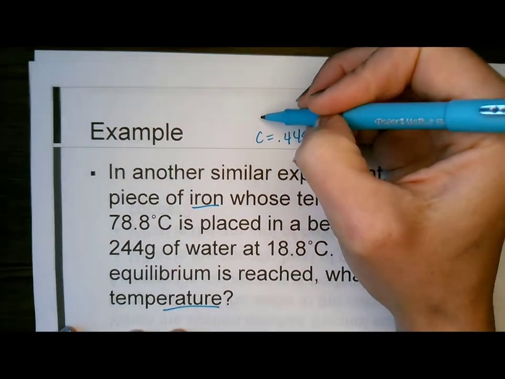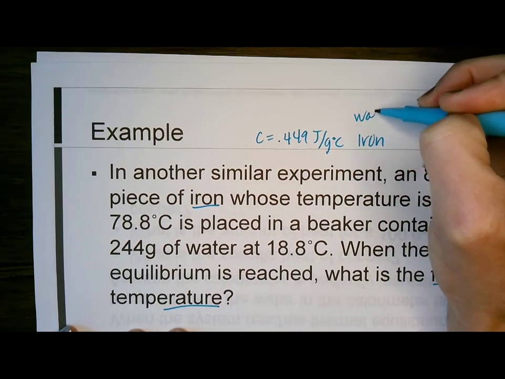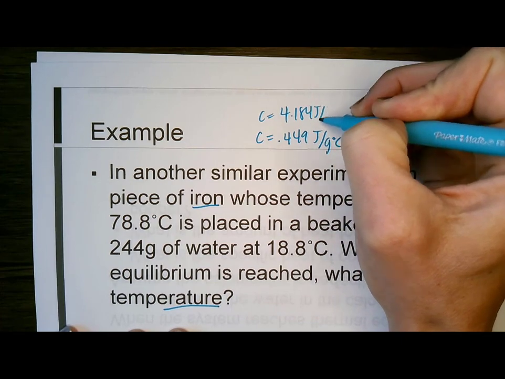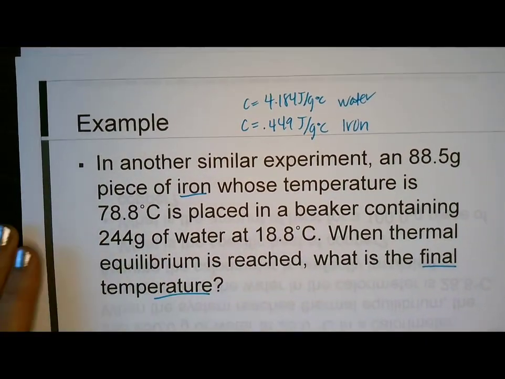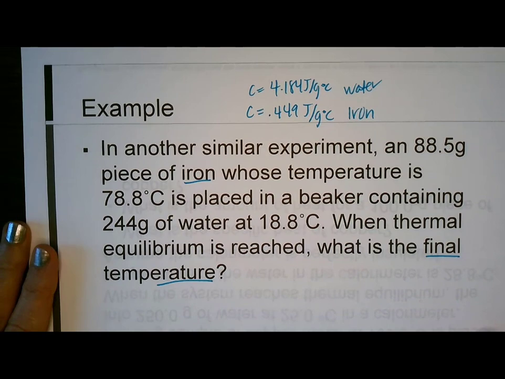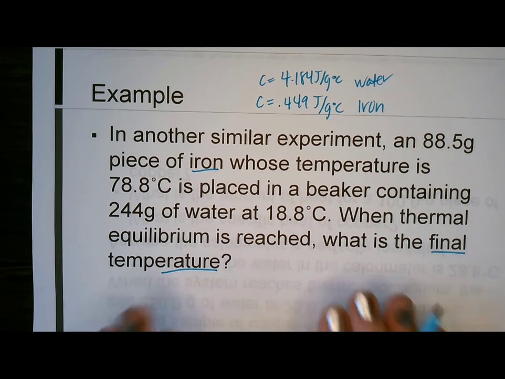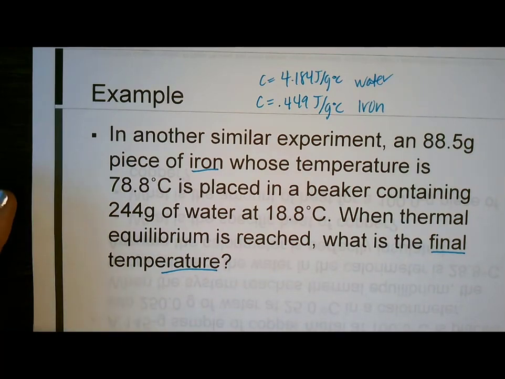And we know that water's specific heat is 4.184 joules per gram degree Celsius. So knowing these, why don't you pause this real quick and see how would I set this up? At least write down my two different columns of what do I know and where would I go from there.